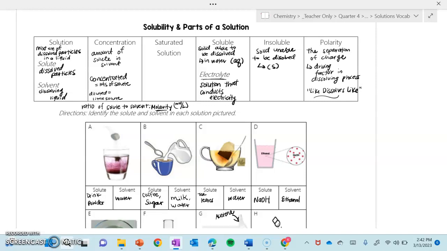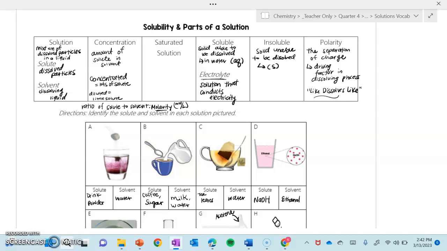If you have a certain amount of liquid, it can only hold up to a certain amount of a certain solute. But you can also manipulate the saturation, which we will talk more about on Wednesday, by heating it, stirring it. Even adding more water will allow you to add more solute. So the saturation level has to do with how much the actual solution can hold.